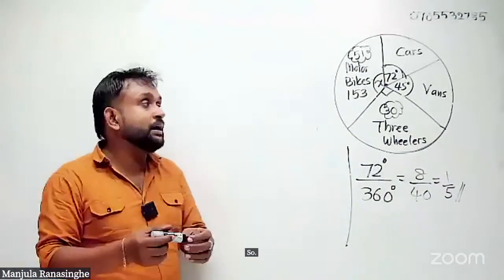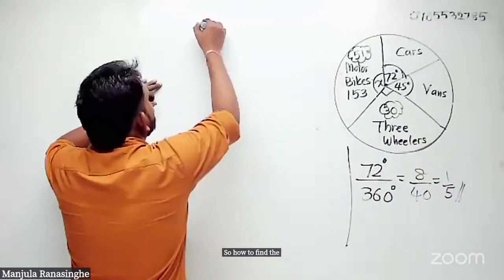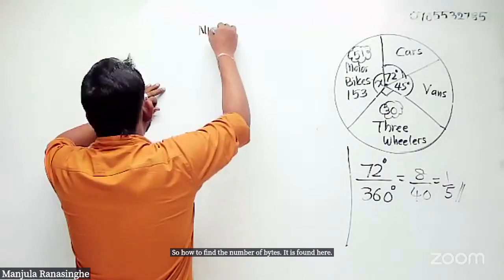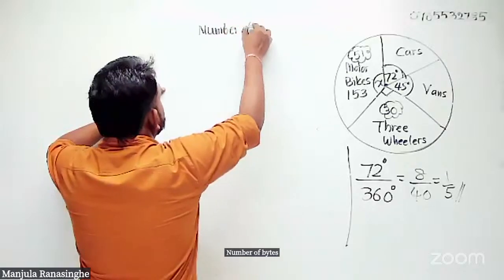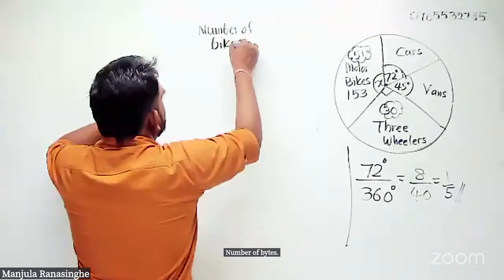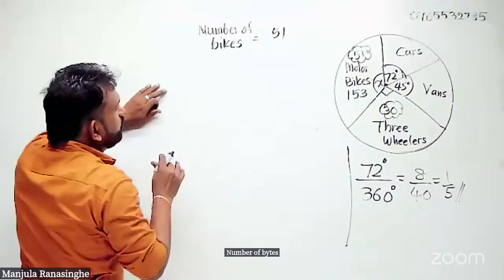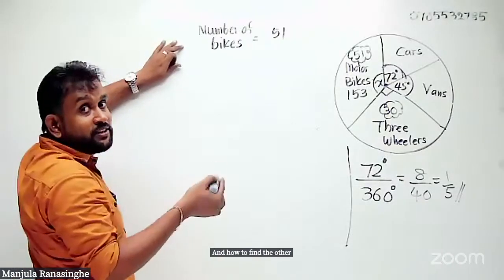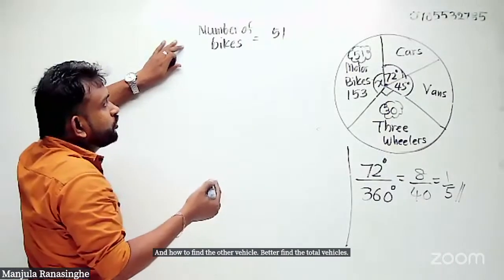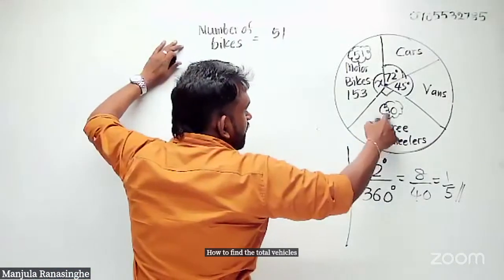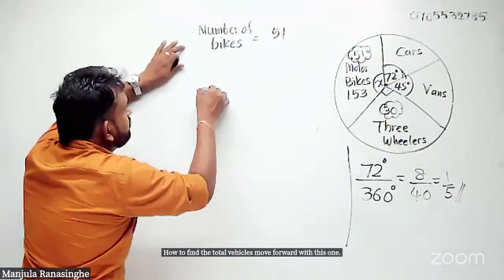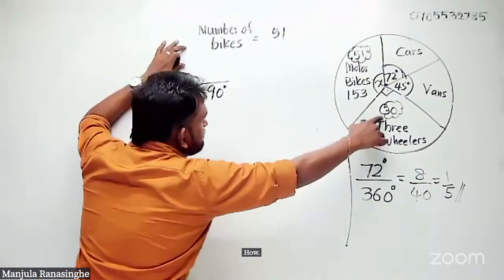So how to find the number of bikes? It is found here. Number of bikes equals 51. Then how to find the other vehicles? Better to find the total vehicles. How to find the total vehicles? Move forward with this one. 90 degrees means how many vehicles? 30 vehicles.